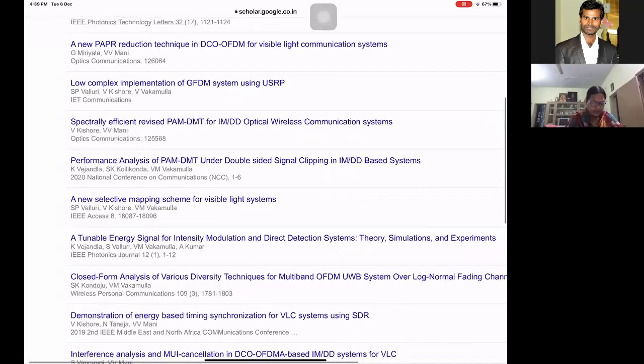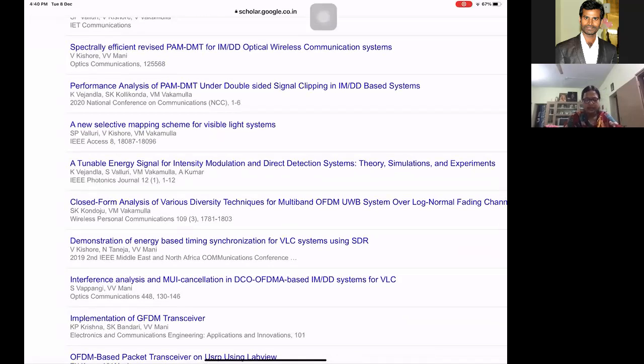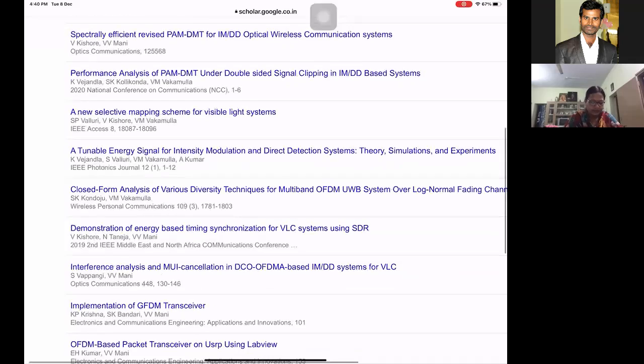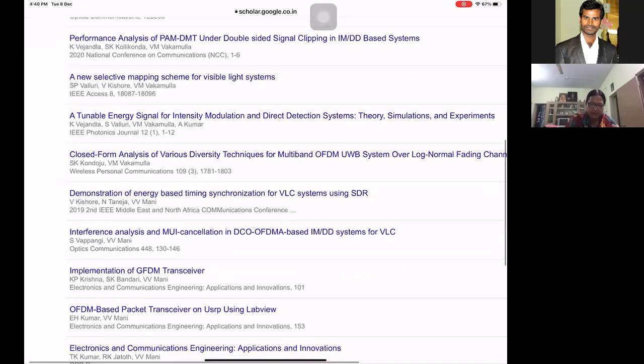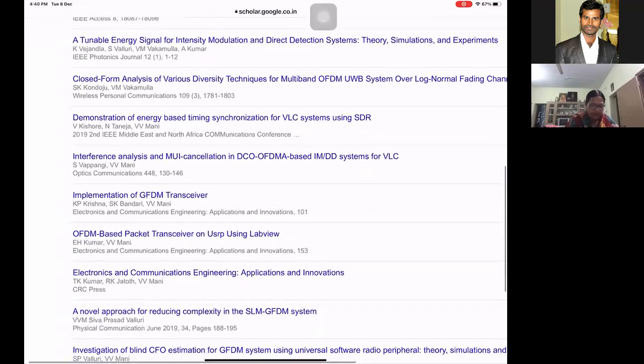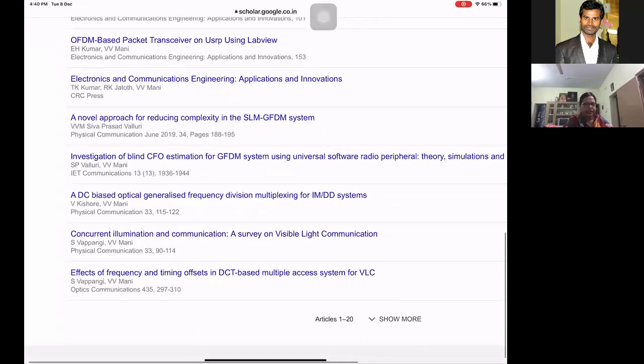So you can see very good publications in areas like PAPR reduction schemes. They have proposed a new selective mapping scheme for visible light systems. And one of my students tested with some energy signal for intensity modulation and direct detection systems, theory, simulations, and experiments, and closed form analysis of various diversity techniques. Like that, you can see many more papers from my Google Scholar citation.